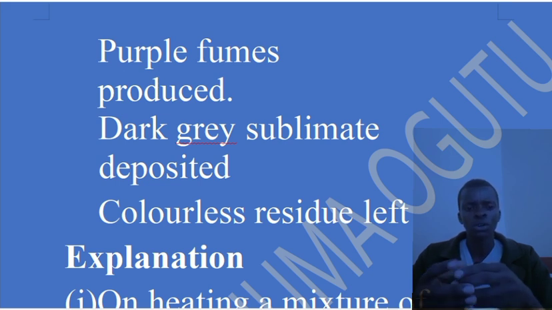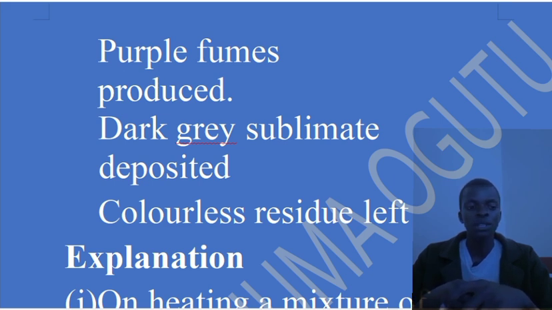Then on using the iodine crystals, on heating the mixture of iodine and common salt, purple fumes of iodine vapor are produced. Purple fumes are the iodine vapor that is produced.